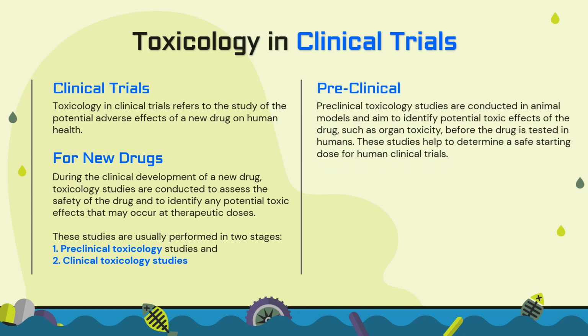Now, in preclinical phase, the toxicology studies are conducted in animals, and the aim of this is to understand the potential toxic effect of the drug and whether it is in relation to a particular organ before the drug is tested in human. Because if it leads to organ failure, even in the healthy humans in phase 1 trial, it is definitely a medical disaster.